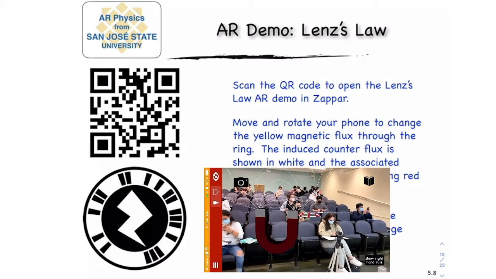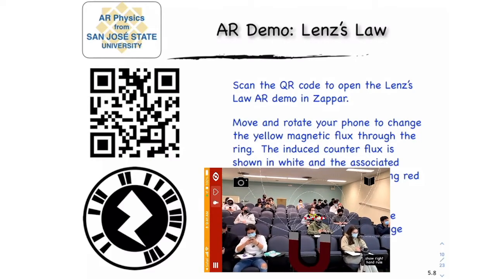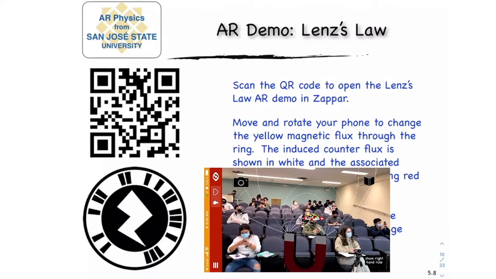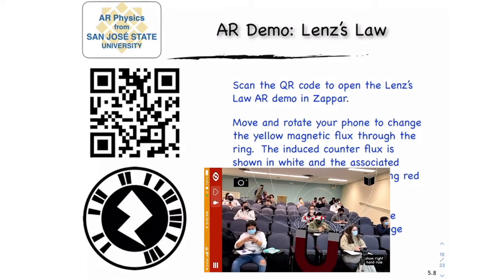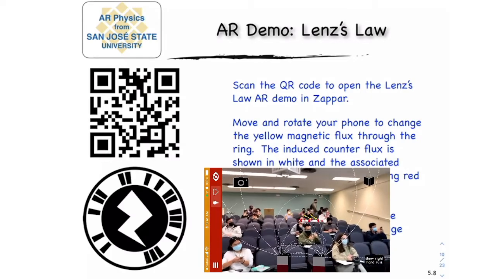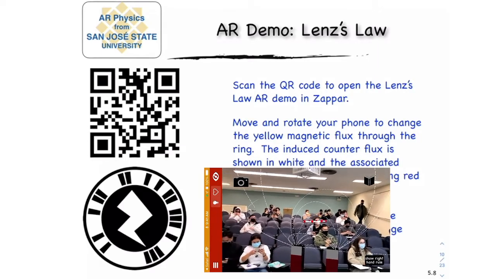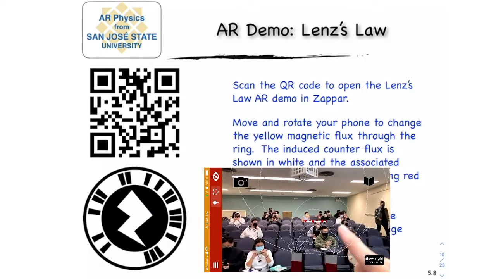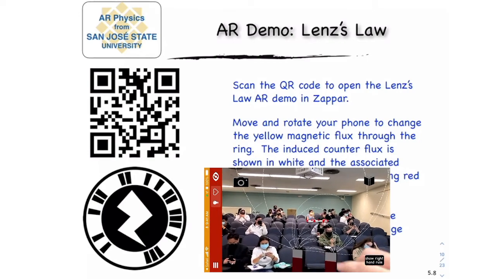So you should see a magnet in front of you, horseshoe magnet, and the magnetic field you can visualize with those little dotted arrows pointing from the North Pole to the South Pole. And we've got a loop drawn in the center of our screen. So right there is our loop.